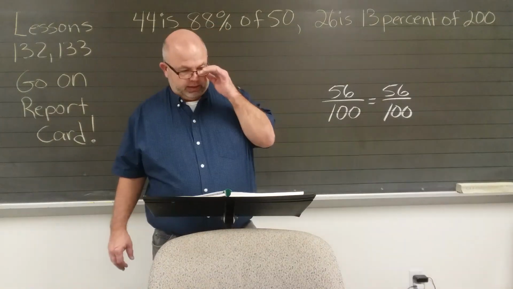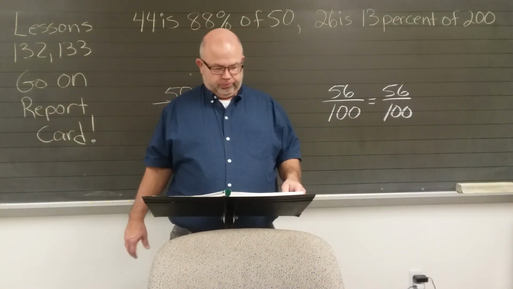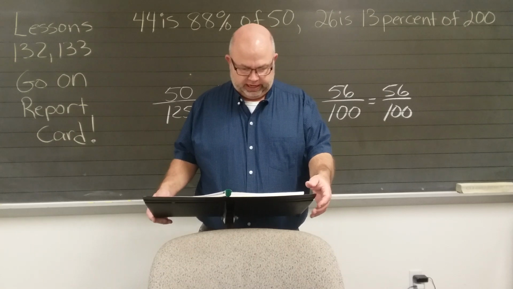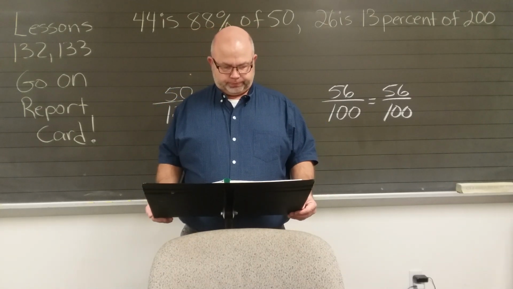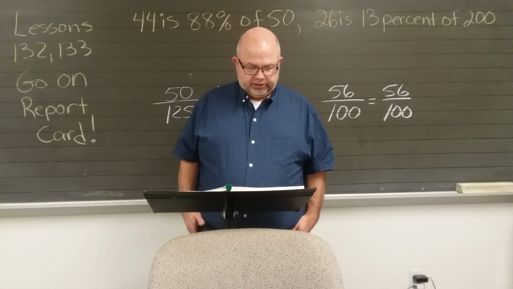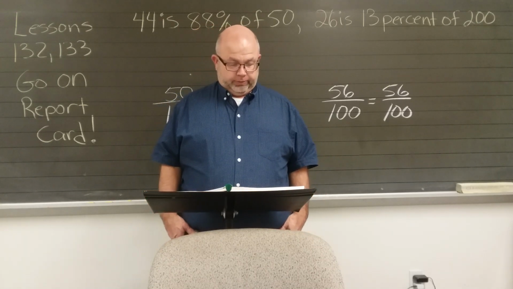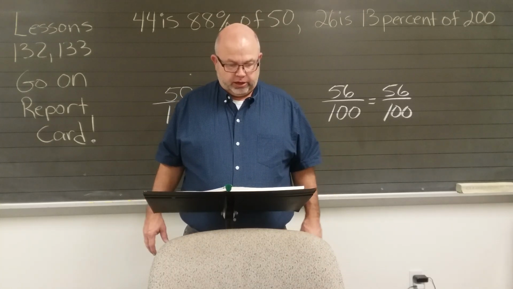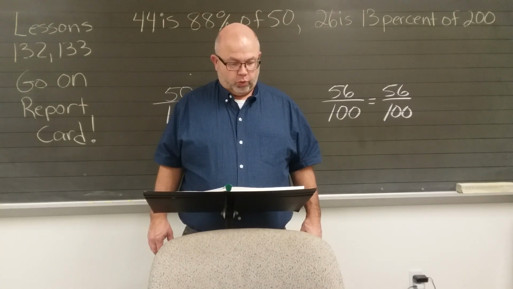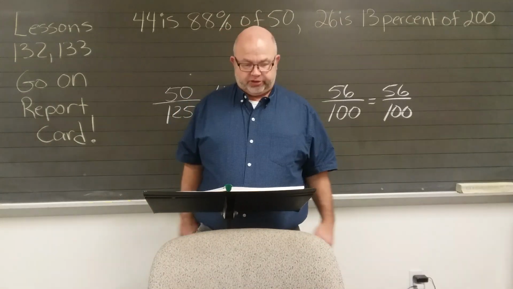All right, open your books or get your papers out. Lesson 131. Let's just make sure you're doing this first part, a few of these right here. Number one, you're supposed to convert to percent by proportion, write any remainder as a fraction. So 1 over 9 equals what percent?